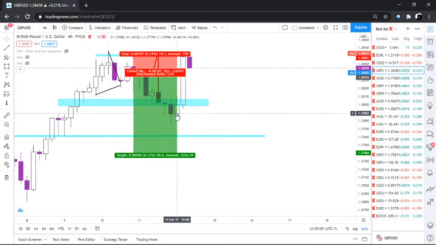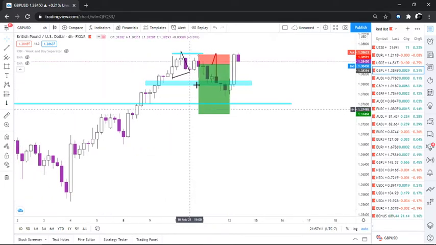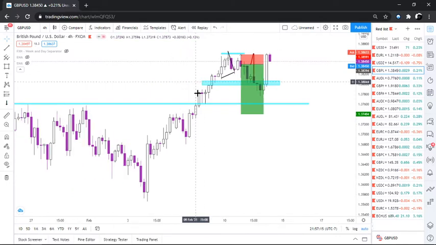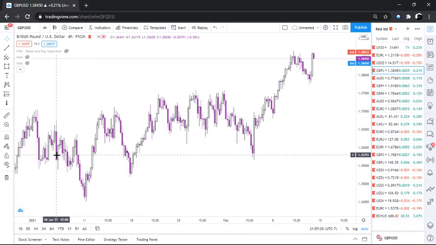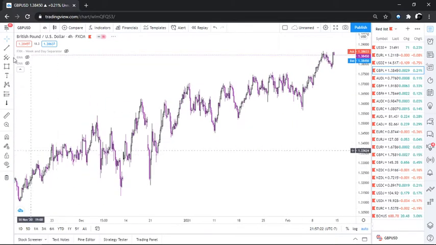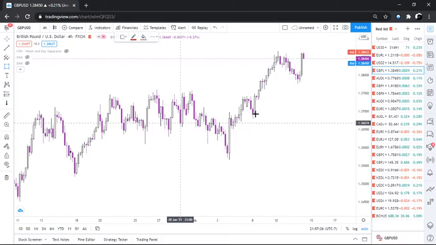If I would have waited here and bought, there's a much higher chance of it working out. Probability is in your favor when you do that. So let me erase that. It worked out, but the lesson is knowing that the overall trend is up and waiting for these opportunities to get in the right direction.